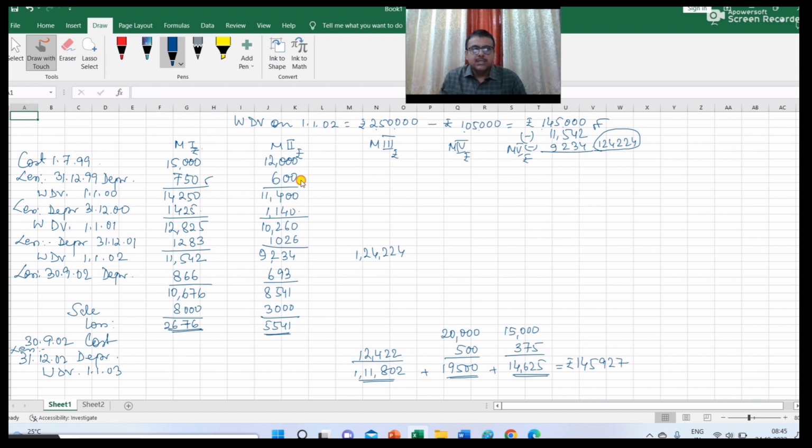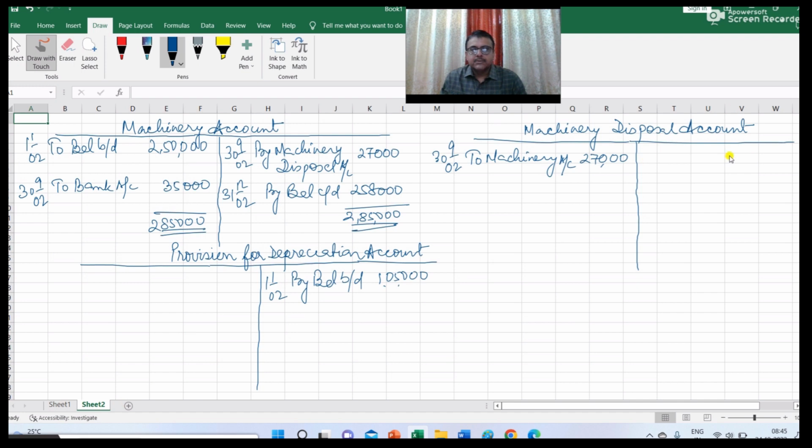750 plus 600, 1425 plus 1140, plus you have to add up 1283, 1026, 866 and 693. So if you add up these 8 figures, you will arrive at 7783.